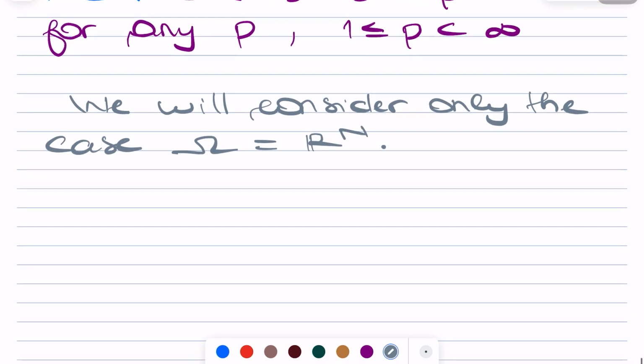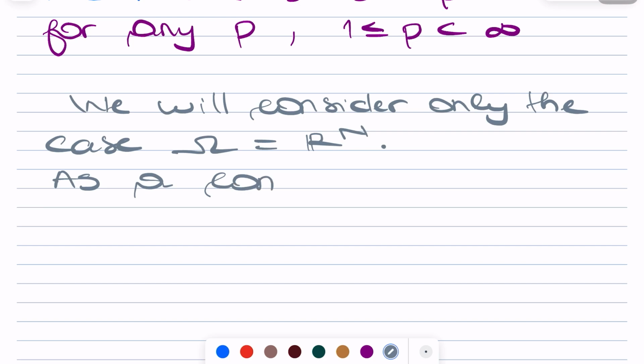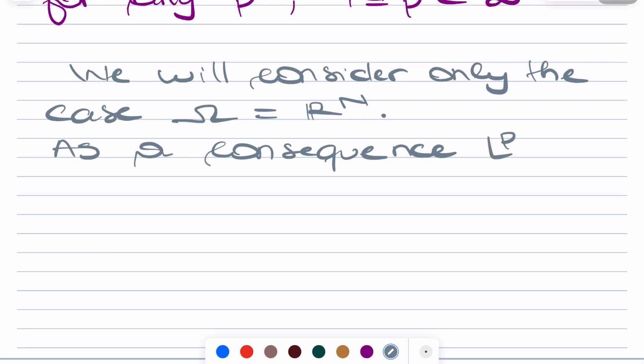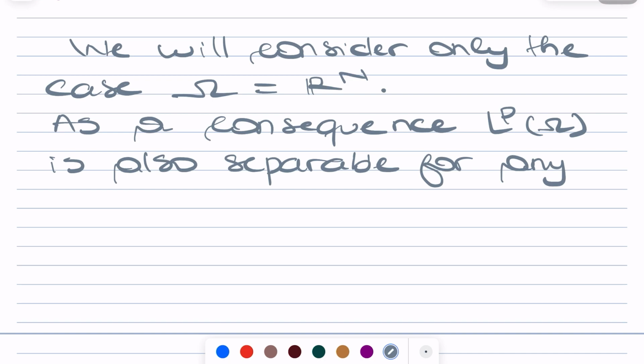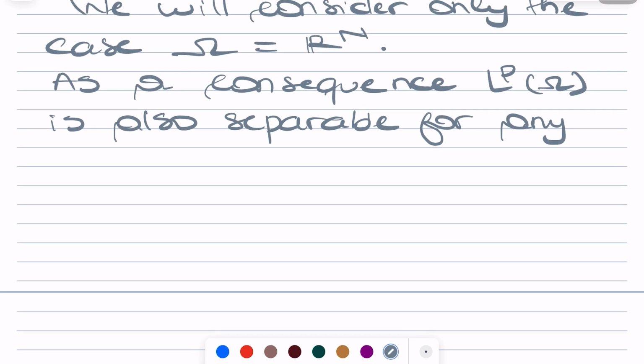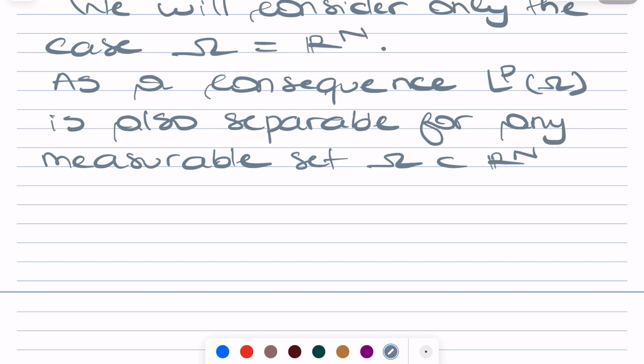So as a consequence, L^p of Omega is also separable for any measurable set Omega included in R^n. So let me highlight that.